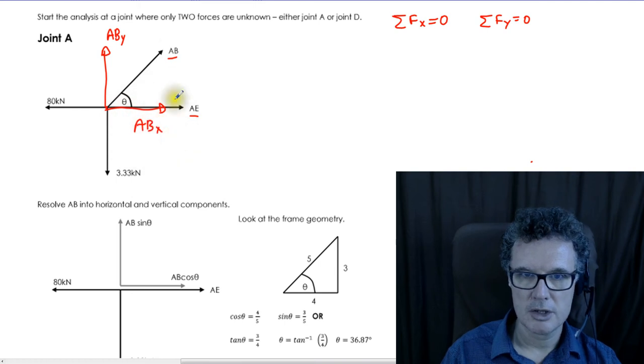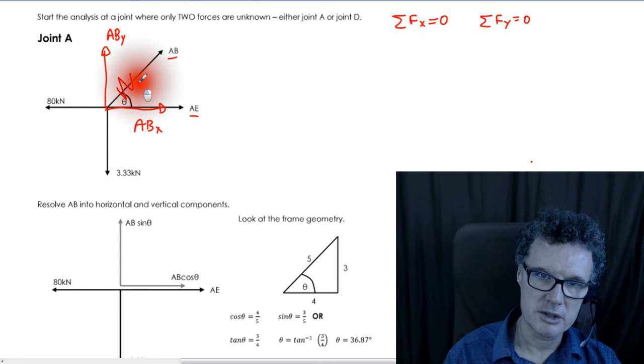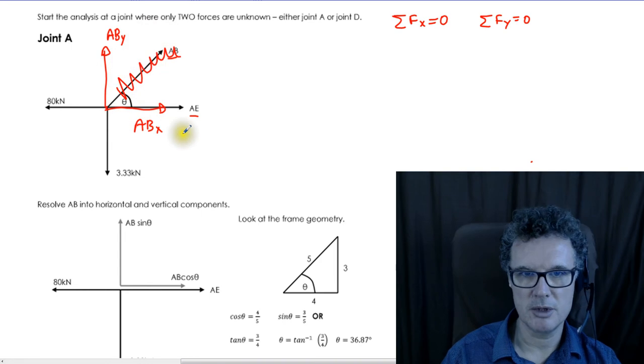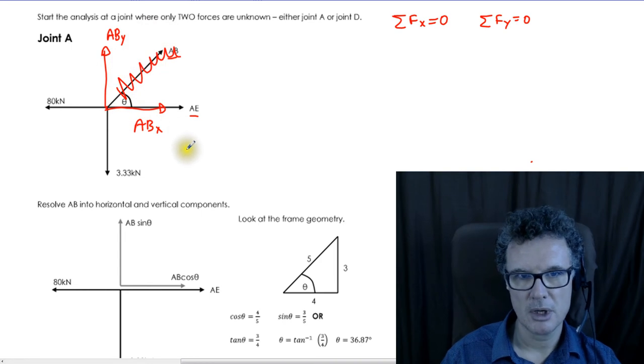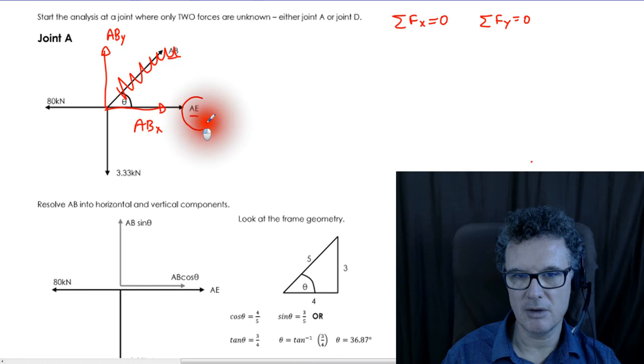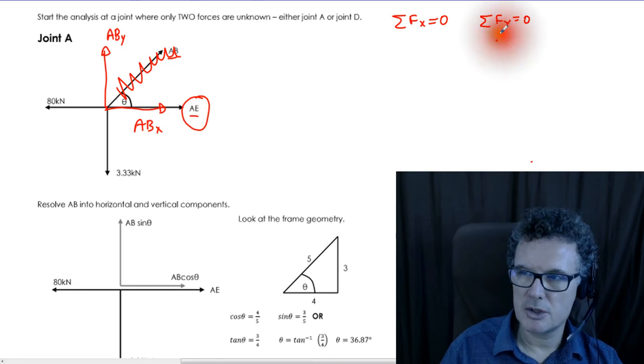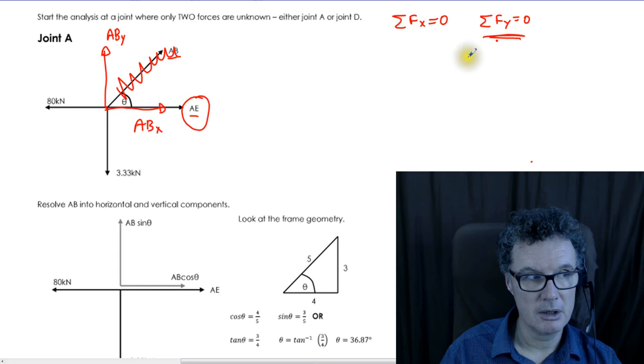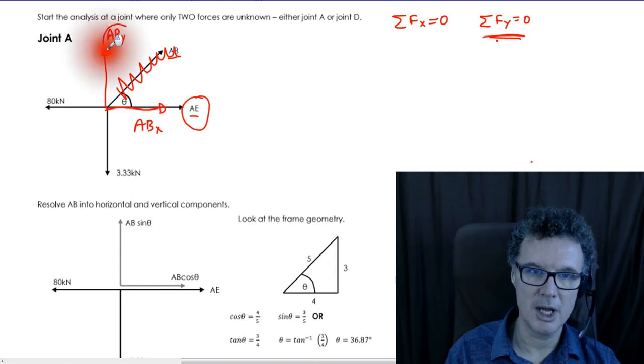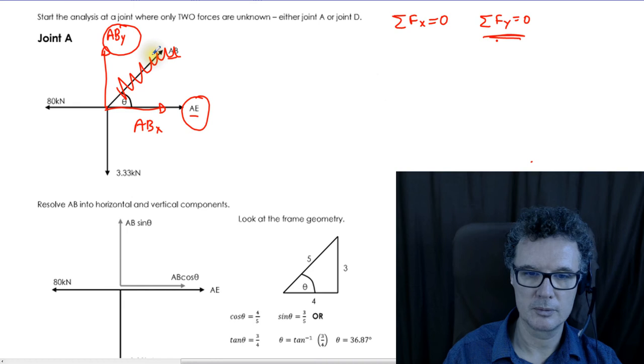Okay, so if we got rid of this and replaced it with these two force components, you can see that we have an AB value going in the y direction and an AB value going in the x direction, plus also an AE value. So that means that resolving forces in the y direction only is a sensible thing to do, because you're only going to pick up the AB value. Okay.